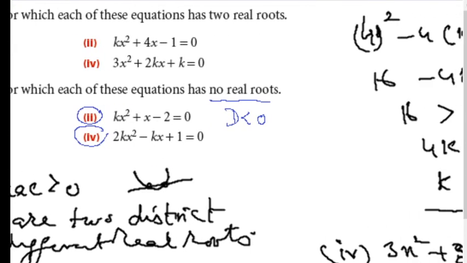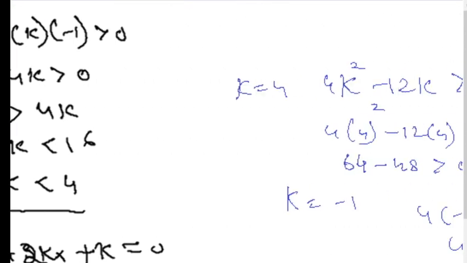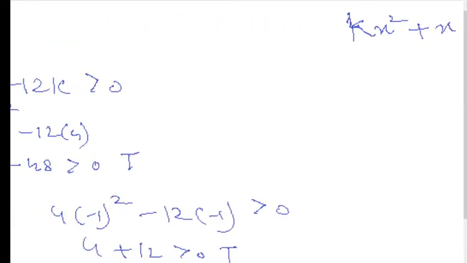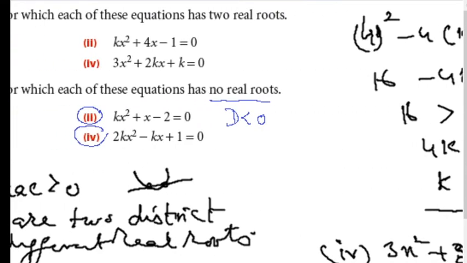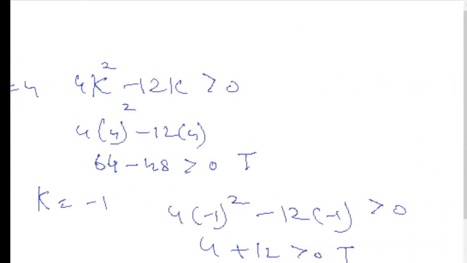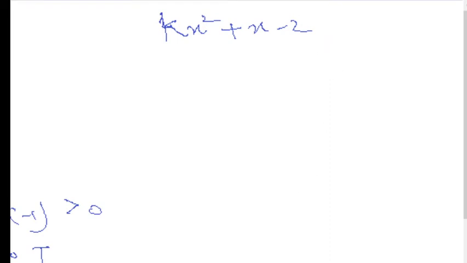So first part is kx square plus x minus 2. Let me check it again. Kx square plus x minus 2, yes. And they say no real roots.